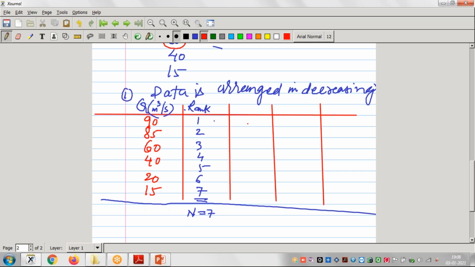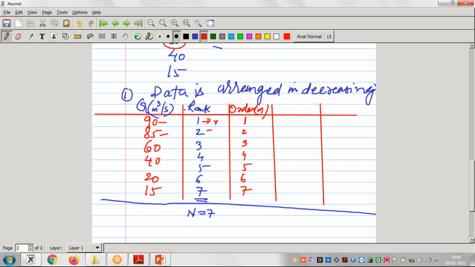Now this is the order number. Order number means this one is the order of 90, so the order number is 1. For 85, the order number is 2. So the order number is represented as M. I will say this is 1, 2, 3, 4, 5, 6, 7.